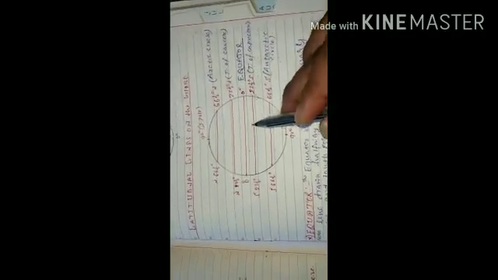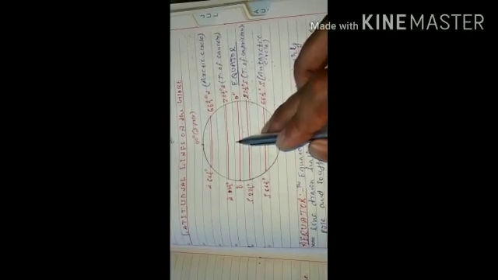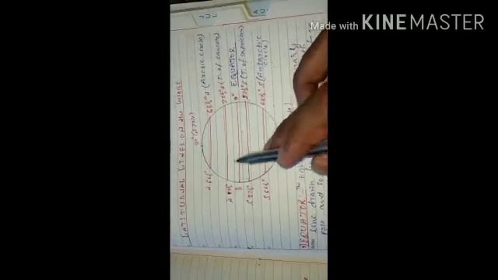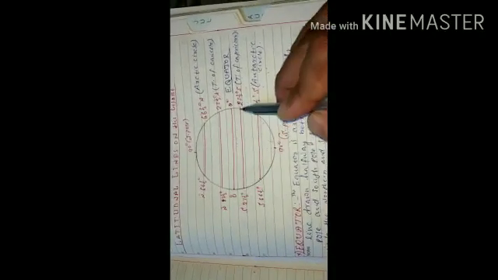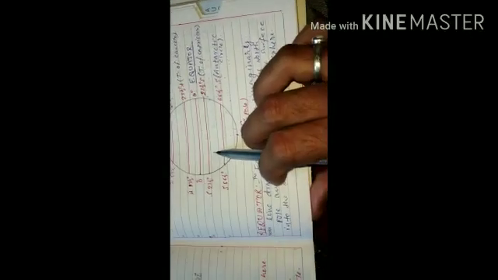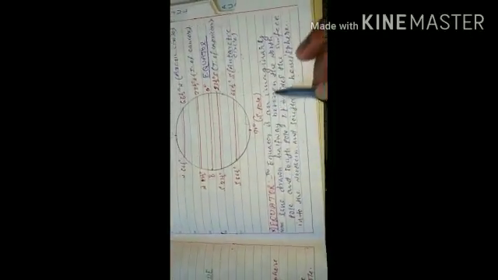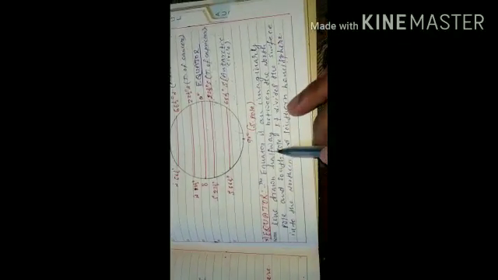The very important point: to identify latitude on the globe, we must have the knowledge of direction. Any line passing from west to east is latitude. Any line passing from north to south is called longitude. Now, what is the equator? The equator is an imaginary line drawn halfway between the North Pole and the South Pole.